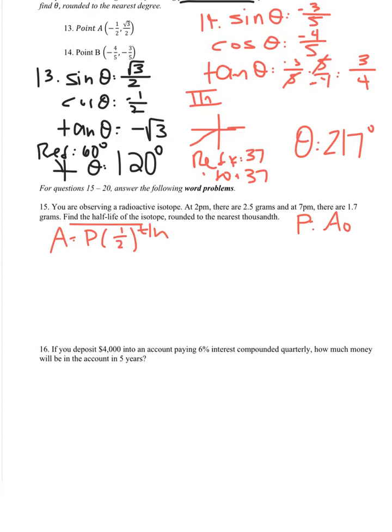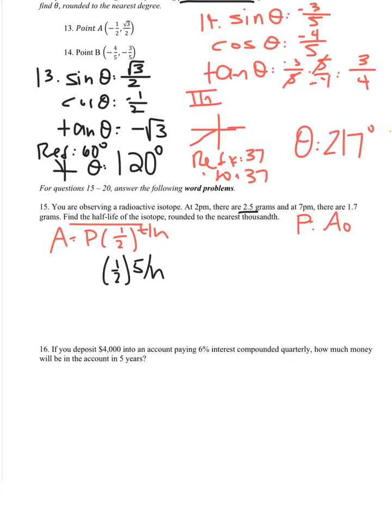Okay, so here, we're starting at 2 p.m., we're ending at 7 p.m. So the time, I'm looking for H, right? I'm looking for H. The time, it has only been 5 hours. Okay, so right now, time, it has been 5 hours. I'm looking for H. The 1/2 stays the same.